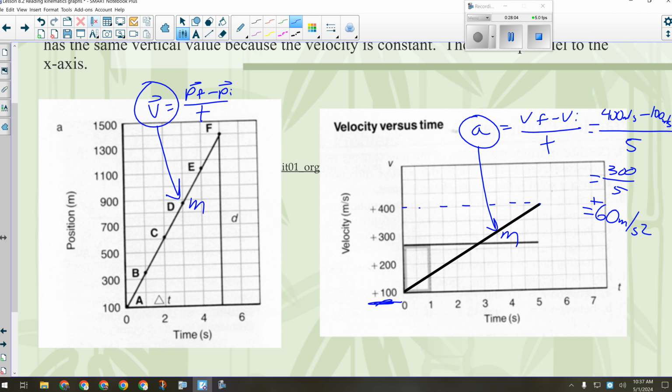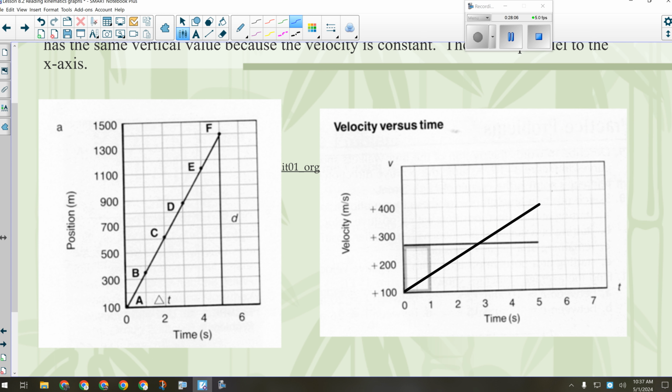Okay, another question for you. When we were looking at the rectangle, we said the area of that rectangle represented the displacement. Could the same be true for the angled line? It absolutely can. Because what we did when we calculated the displacement here is average velocity times time.